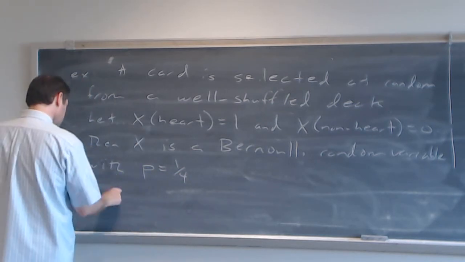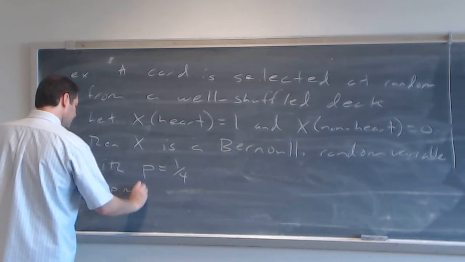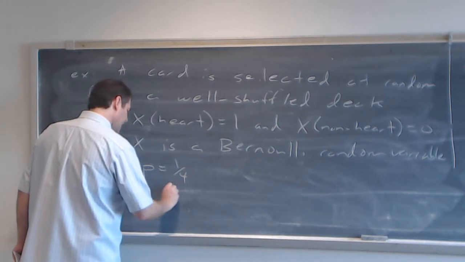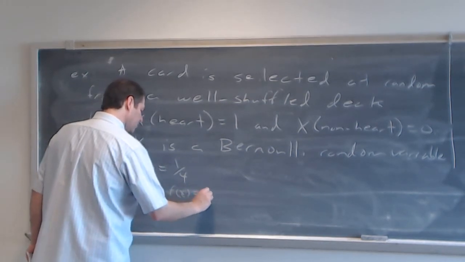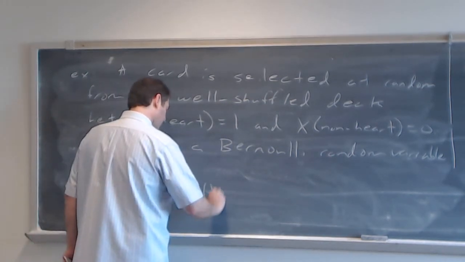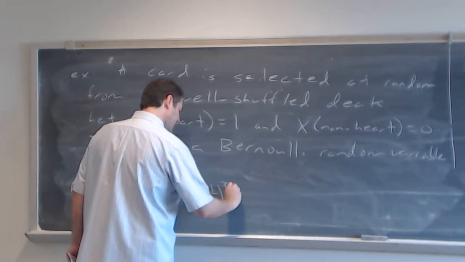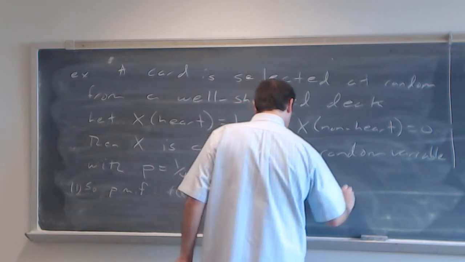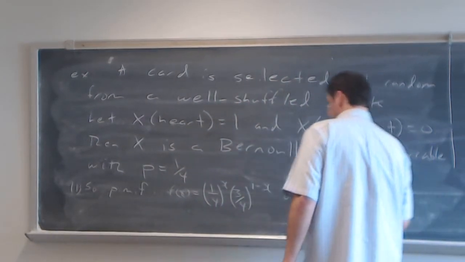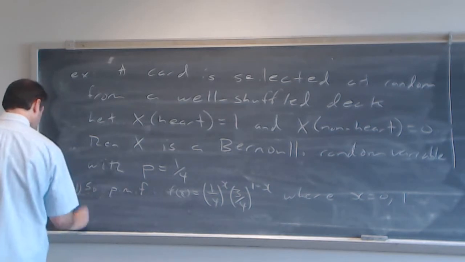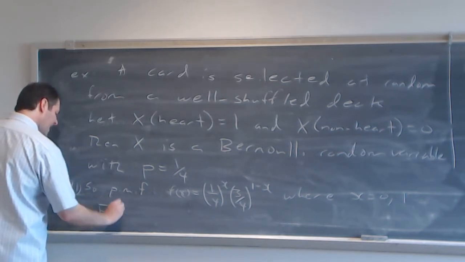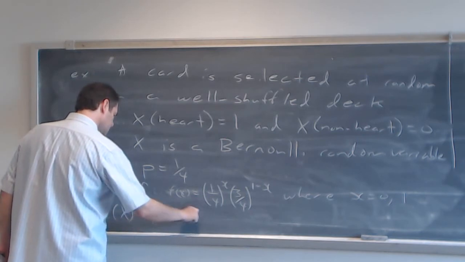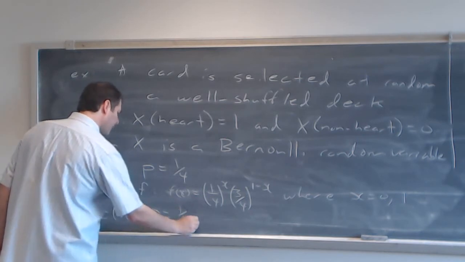So, the PMF, that's the first thing: f of x is equal to, what is p, so that's 1/4, raised to x, times 1 minus p, that's 3/4, raised to the 1 minus x, where x equals 0 and 1. Second, the expected value of X, well, that's just p, so that's 1/4.